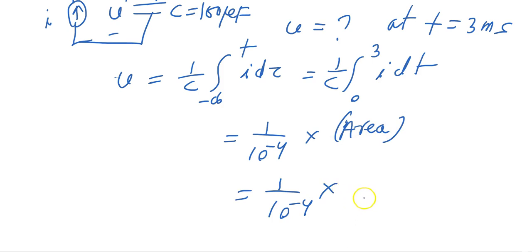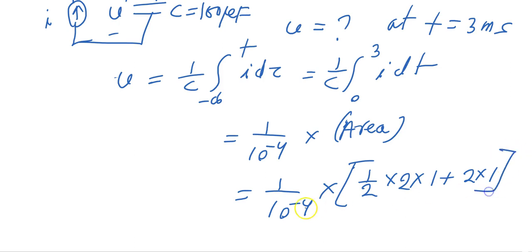That area is the area of the triangle, which is half into 2 into 1 millisecond, plus the area of the rectangle, that is 2 into 1 millisecond. So you have this area times 10 to the power minus 3, to represent the millisecond. So you will have 3 into 10, that is 30 volt.